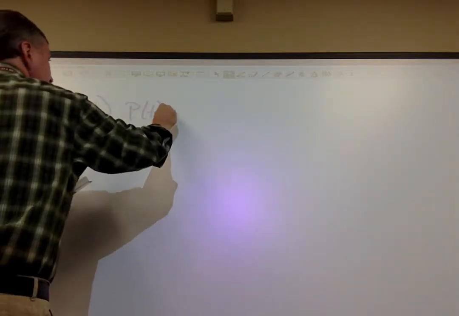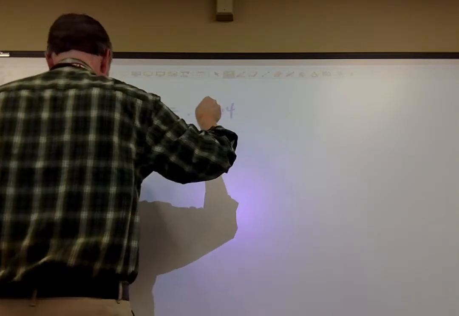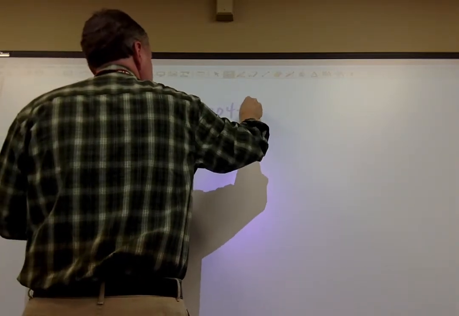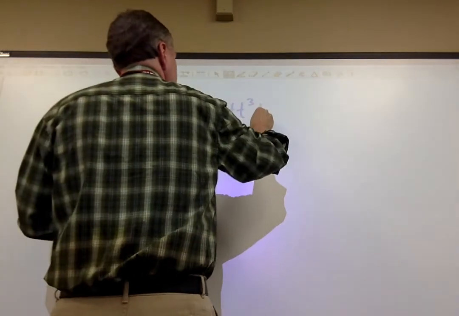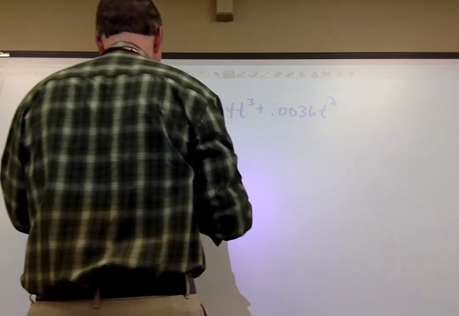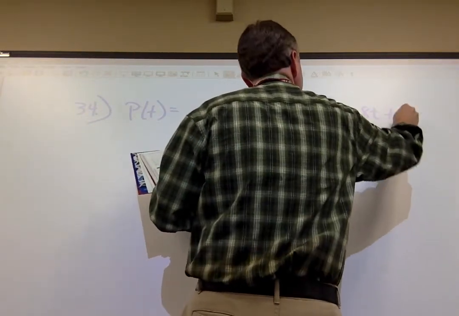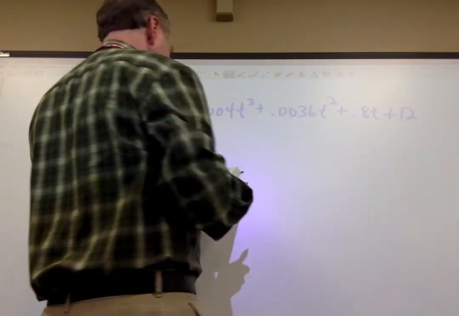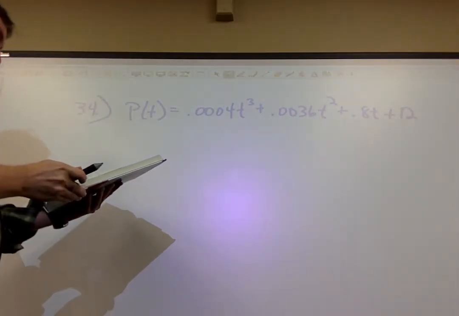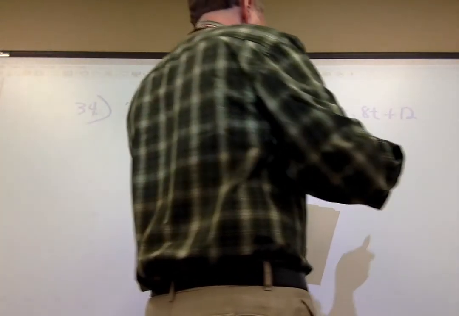The percent of the U.S. population that's obese is approximated by this function, E of t, where t is in years, between 0 and 13 years from 1991.